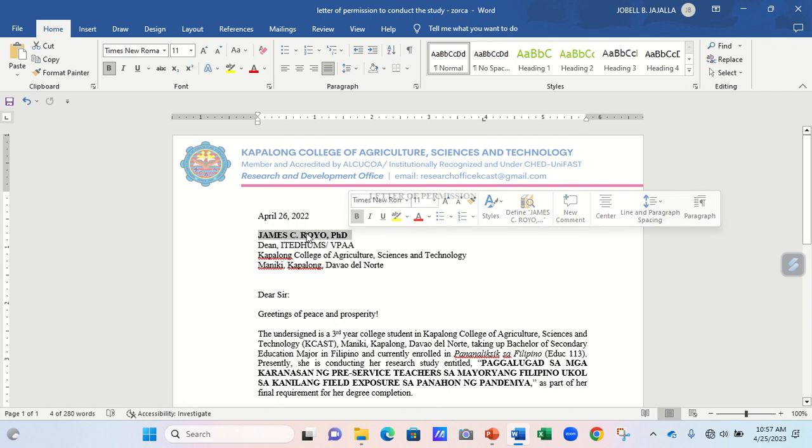Typically, the addressee of your letter of permission is the head of the agency where you will be conducting your study. In this case, if your respondents are pre-service teachers or fourth year college education students who are already in practicum, the addressee of the letter is of course the Vice President for Academic Affairs.